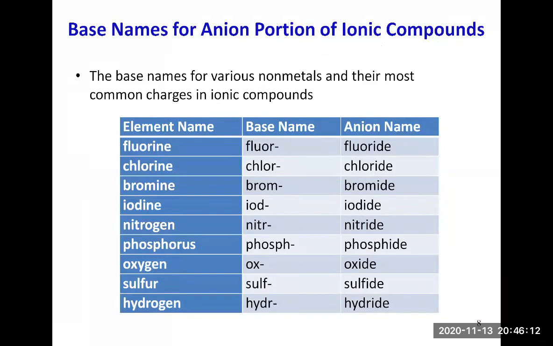Acids will also use nitrogen, phosphorus, and sulfur. However, for phosphorus and sulfur, the root will be longer. Phosphorus will be phosphoric and sulfur will become sulfuric, not sulfic. But all the others will be used like fluoric, chloric, bromic, iodic, and nitric.